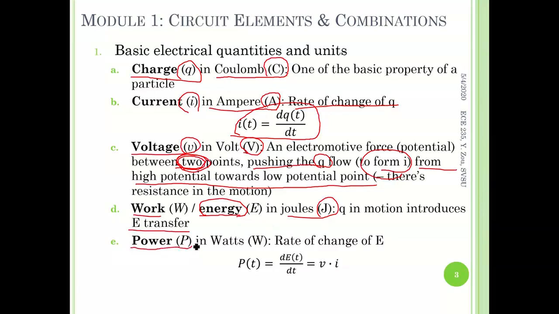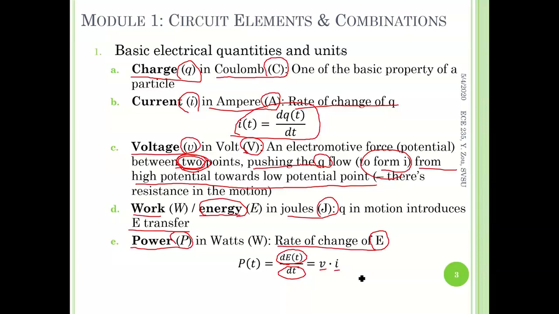And next, power. This is a very, very important concept in electrical engineering circuits, because it expresses the rate of change of energy. It is the derivative of energy with respect to time t. It could be simply calculated by the product between the voltage across the element and the current through it.